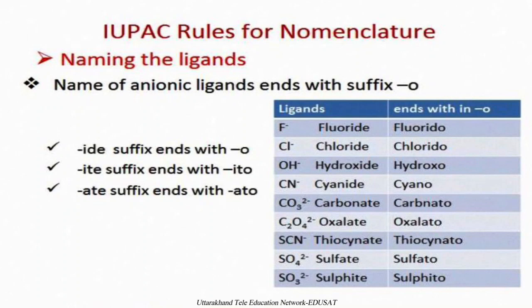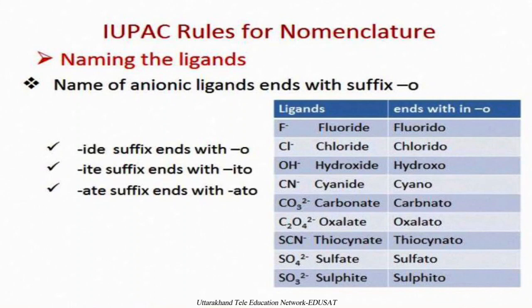If a ligand name ends with IDE, then the suffix ends with O. Similarly, if we have ITE at the end of the name of any anionic ligand, then it ends with ITO.